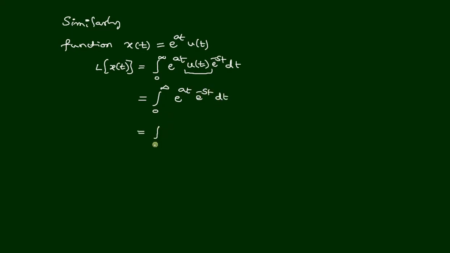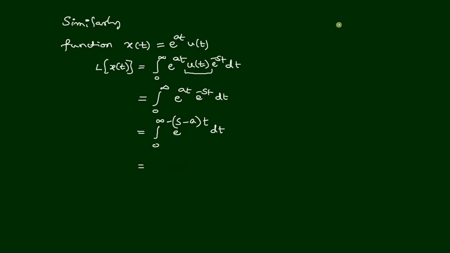Now this function we further simplify as e^(-(s-a)t) dt. So this is in the form of the integral e^(-at).